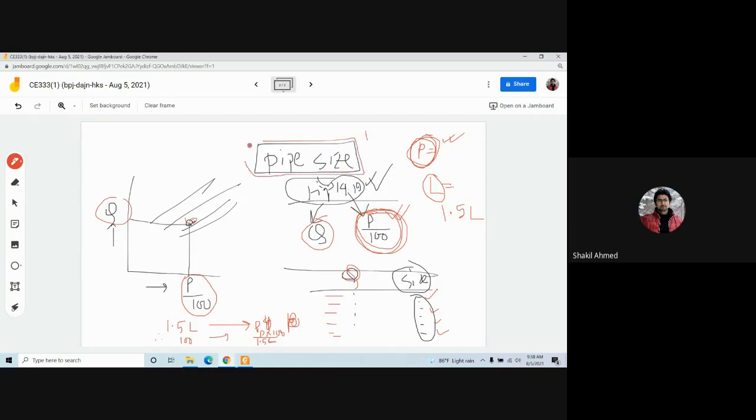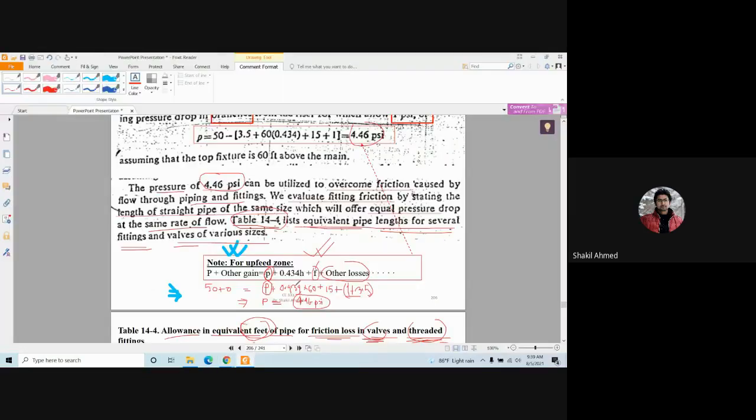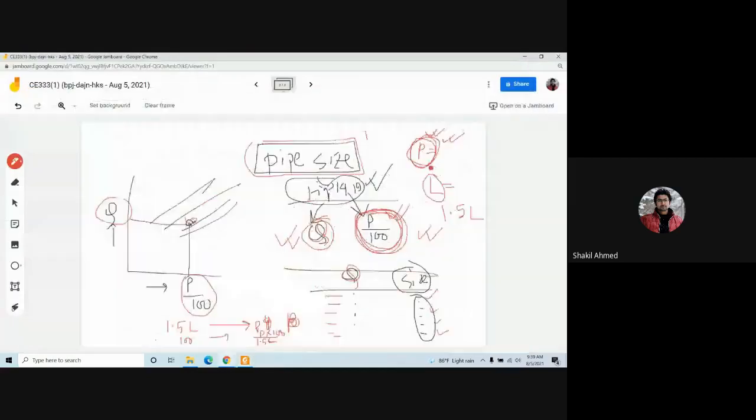To determine the pipe size, you need Q. You estimate Q from the fixture units by this method. First of all, you calculate P from this formula, and then calculate this per unit length, that means per 100 feet.